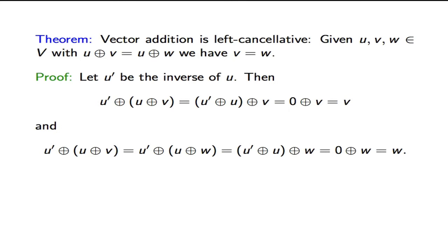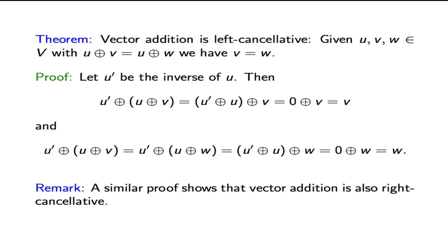But exactly the same argument shows that, okay, so we start with u prime plus (u plus v), and we know that u plus v is equal to u plus w. And exactly the same argument shows that this expression is equal to w. So indeed, v is equal to w. And in fact, a similar proof shows that vector addition is also right cancellative, meaning that if v plus u is equal to w plus u, then v is equal to w.